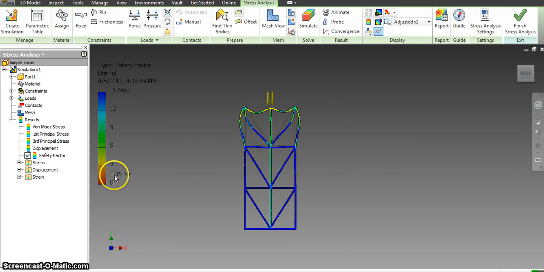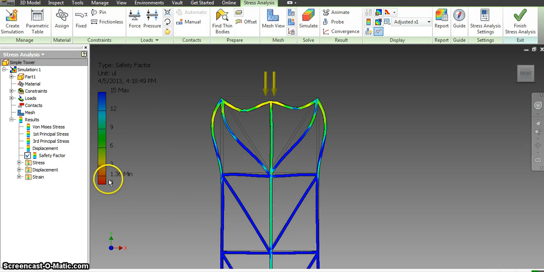Now I have a 1.36 safety factor. Was that any different from my very first one? Let's compare. So I have a 1.36 safety factor as a pressure. Thankfully nothing failed, so everything stayed yellow.